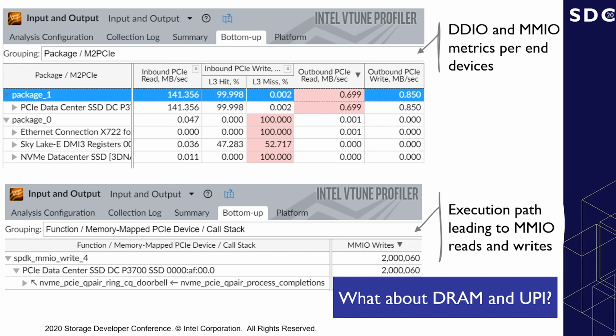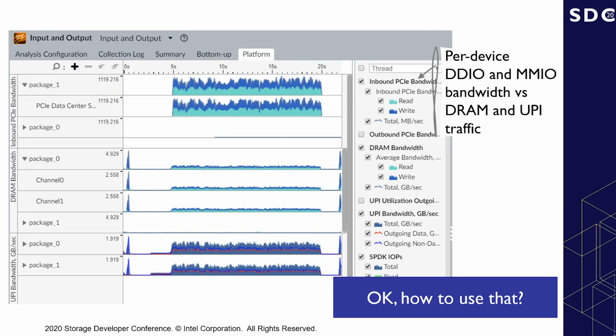DDIO traffic, when missing local L3 cache, may induce DRAM and UPI traffic. So let's also see how one can correlate PCIe-related metrics with memory and cross-socket traffic. On the timeline, vTune shows inbound and outbound PCIe bandwidth with the end device granularity.